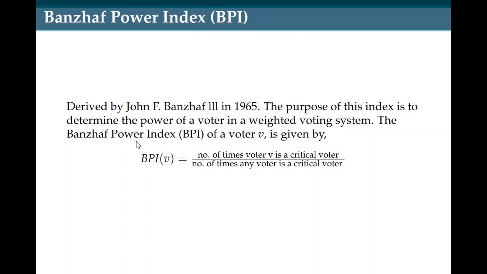Another measure of power, called the Banzhaf Power Index, was derived by John F. Banzhaf III in 1965. The purpose of this index is to determine the power of a voter in a weighted voting system. The Banzhaf Power Index, or BPI, of a voter V is given by this equation.